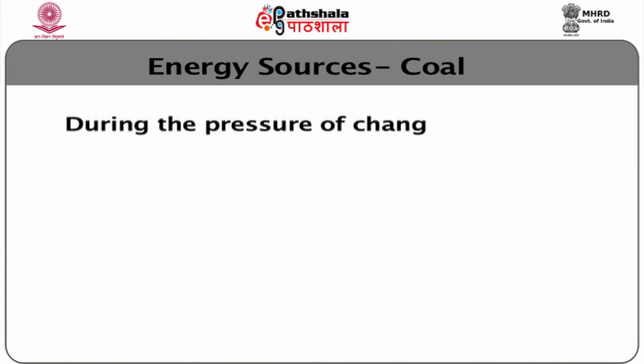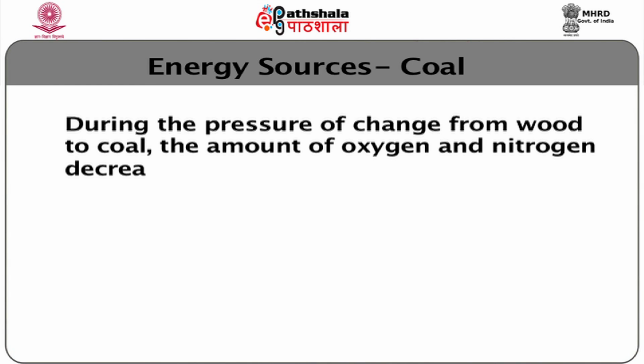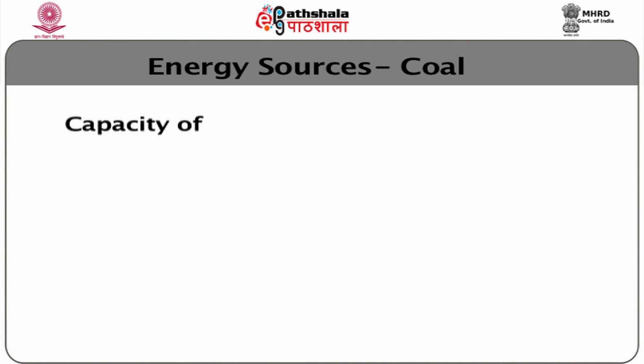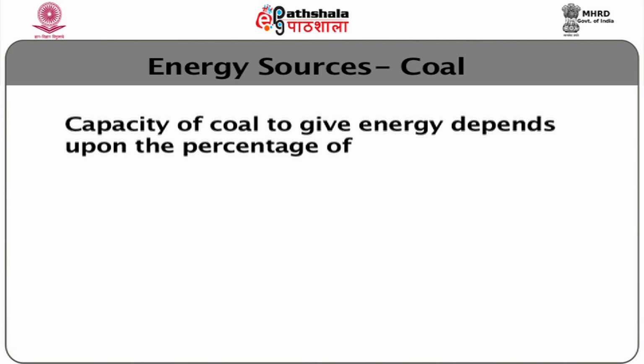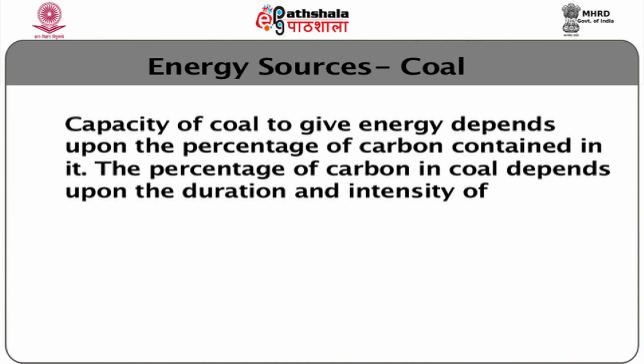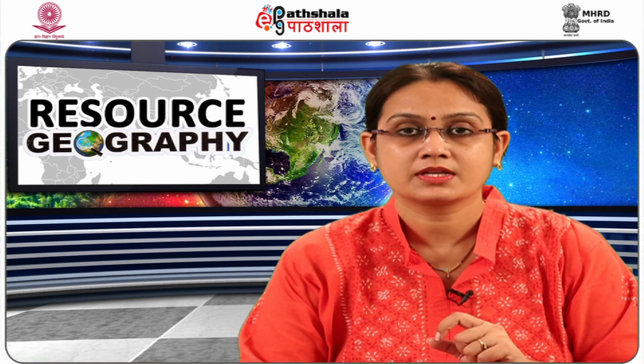During the process of change from wood to coal, the amount of oxygen and nitrogen decreases and the proportion of carbon increases. Thus, the capacity of coal to give energy depends upon the percentage of carbon contained in it. The percentage of carbon in coal mainly depends upon the duration and the intensity of heat and pressure on wood.